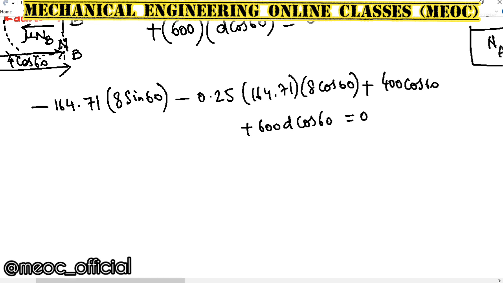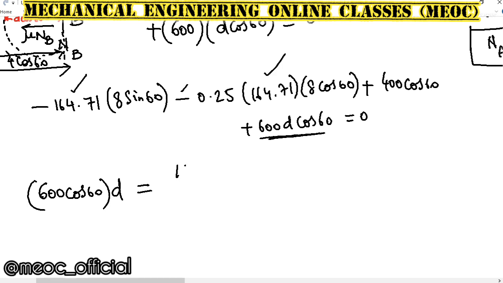So I can find 600 cos 60 into d. I am just keeping this term, I want d, right? On the LHS side, I will send everything else to the RHS. So minus 164.71, and this minus and 164.71 become plus 164.71 into 8, these are common, multiplied by sin 60 plus 0.25 cos 60.